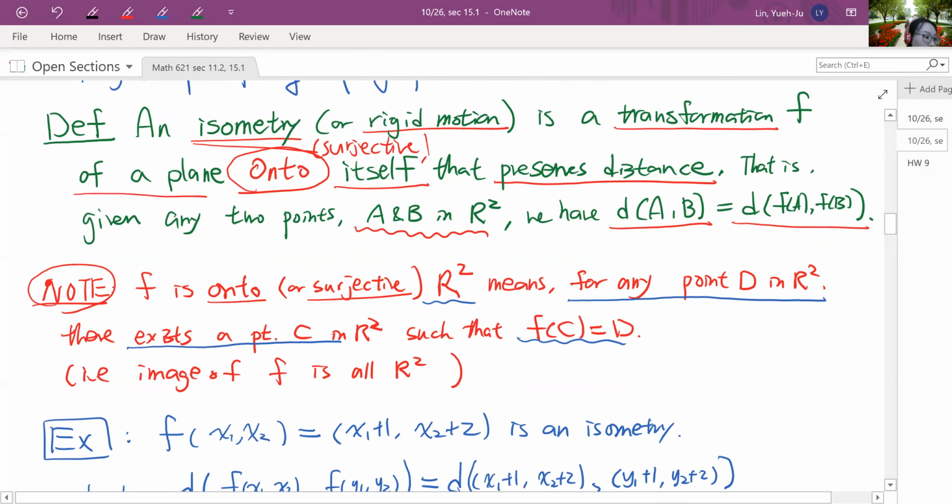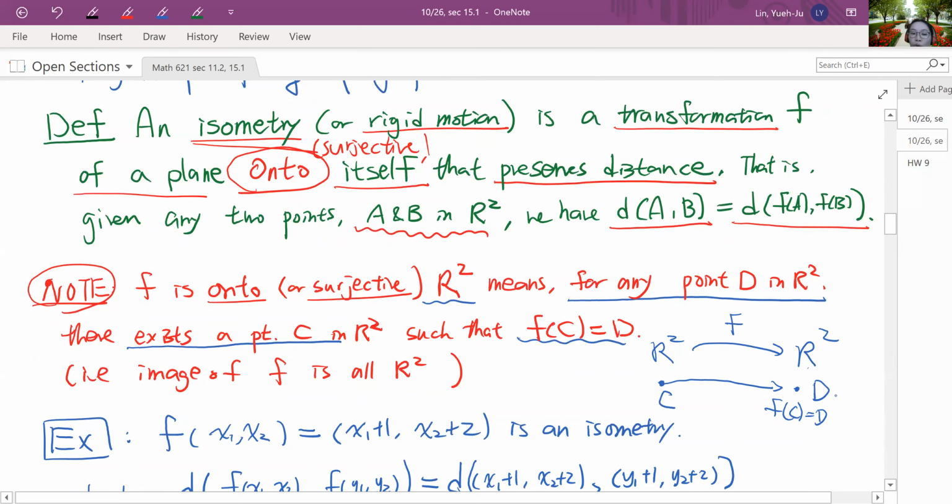So in other words, let me show you this picture. You can think of f as a map from R2 to R2. What do we mean by onto? That means if you pick any element D in the target R2, you want to be able to find a C such that C gets mapped to D. That's what surjective means.